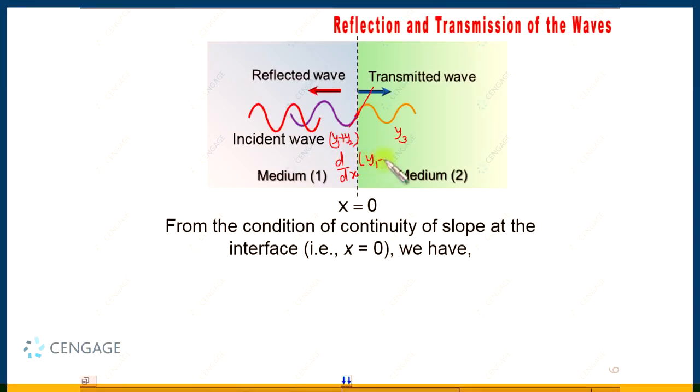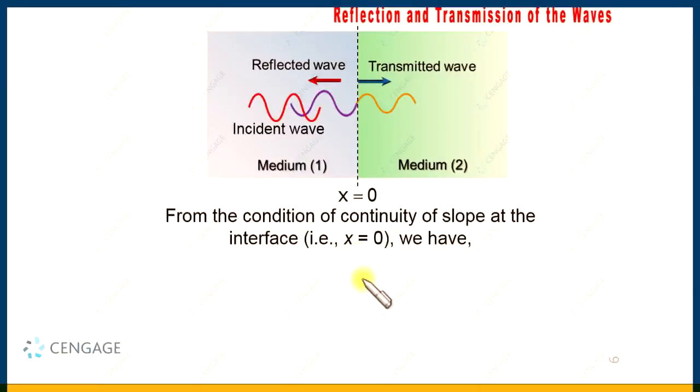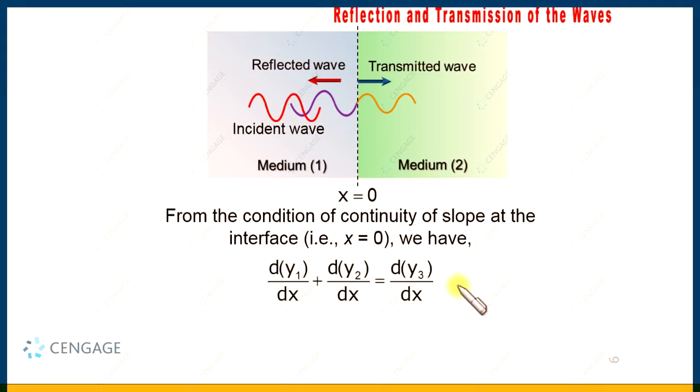At x equal to 0, the slope calculated from the first medium should be equal to the slope calculated from the second medium.